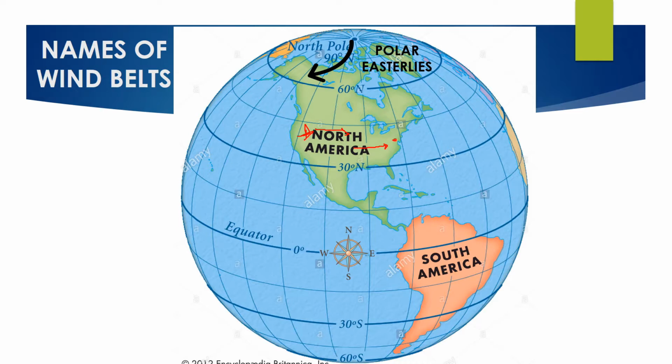That is considered a west to east movement, and that's because we are in the wind belt that's typically called the westerlies. The 30-degree north line is the line of high pressure, and the air moves from west to east, so we call it the westerlies.